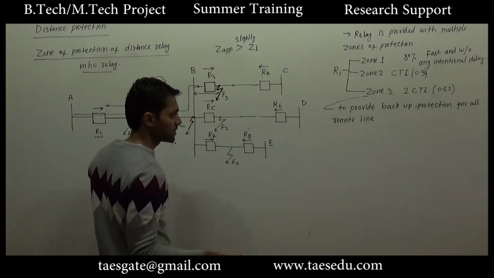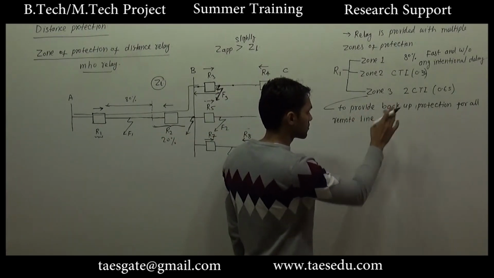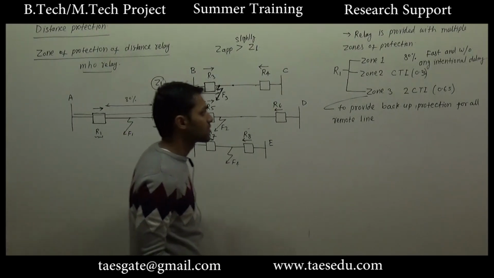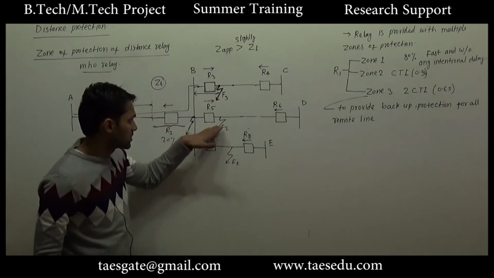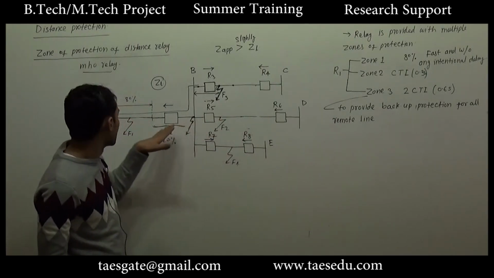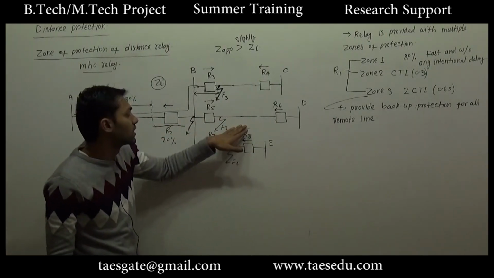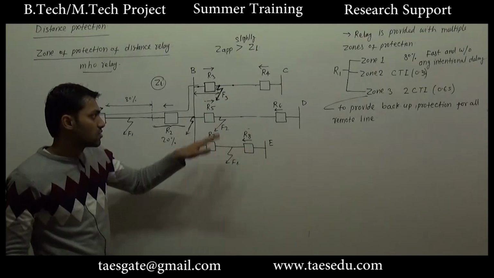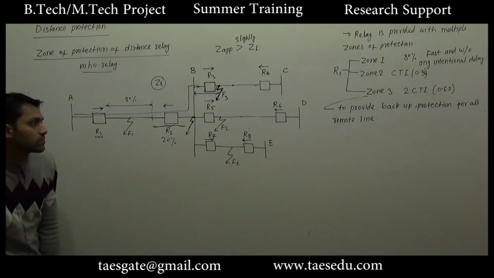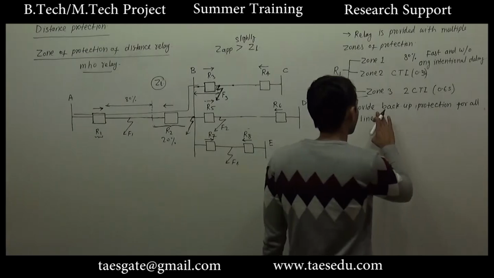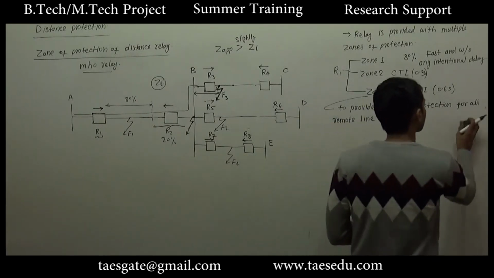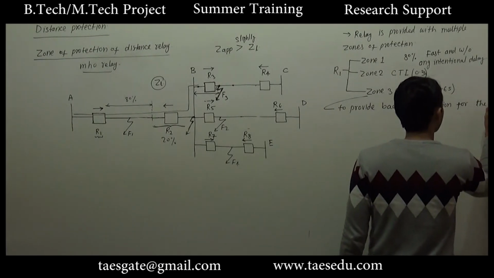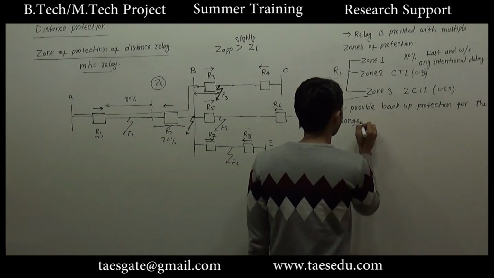Or we can also say that the purpose of zone 3 protection of relay 1 is to provide backup protection for the longest remote line. Let's say this is the longest remote line. So if it is providing backup protection for the longest remote line, obviously this will also provide backup protection for other lines which are smaller than the longest one. So we will say that to provide backup protection for the longest remote line.